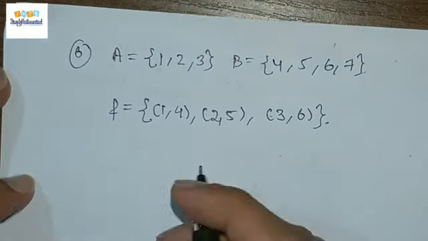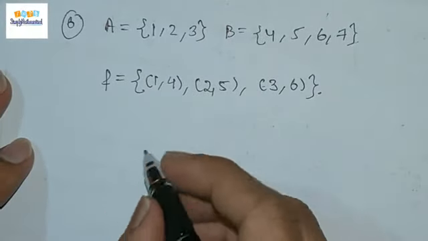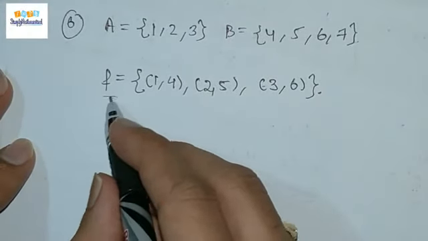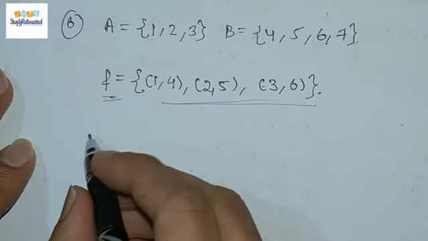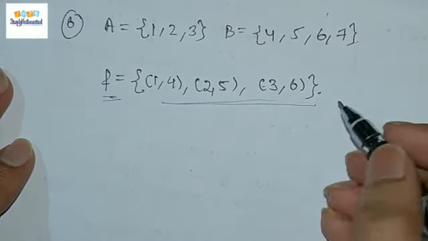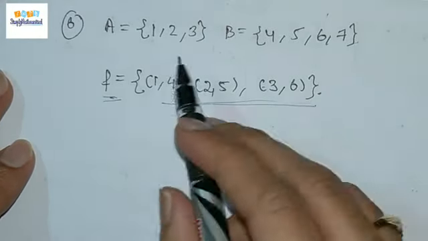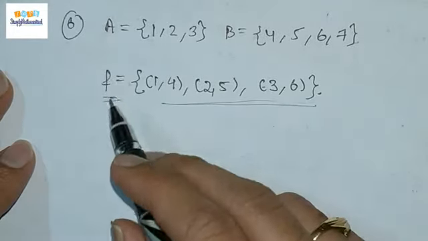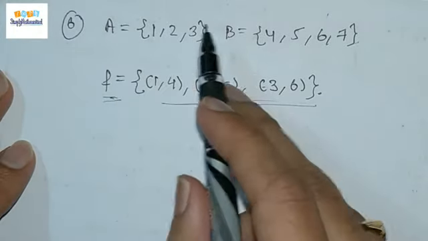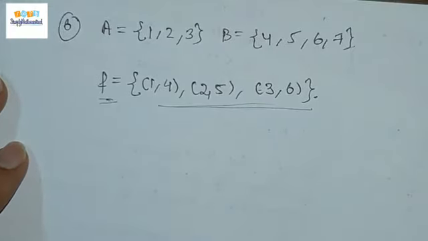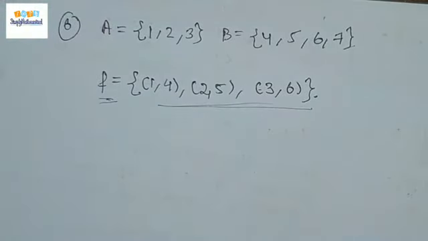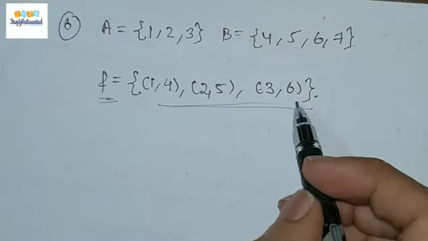See, in the 11th standard you have studied such a notation for a function, right? This is nothing but a relation on the set A Cartesian product B. We have studied this in 11th standard, so you can write a function in this way.